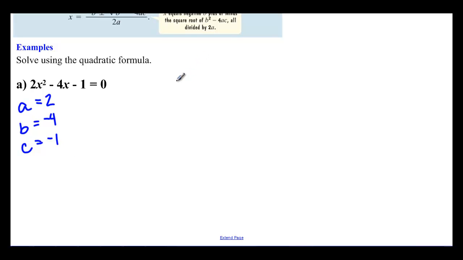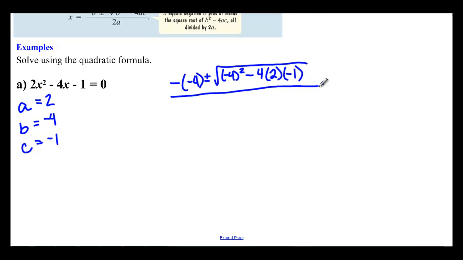So if we're doing opposite of b, we're going to have 4 plus or minus the square root of -4 squared, so b squared, minus 4 times a, which is 2, times c, which is -1, all over 2a, and then a is 2. So here, -4 is going to give us 4, plus or minus the square root, so -4 squared will give us 16, and then minus 4 times 2 times -1 is going to be plus 8, all over 4.